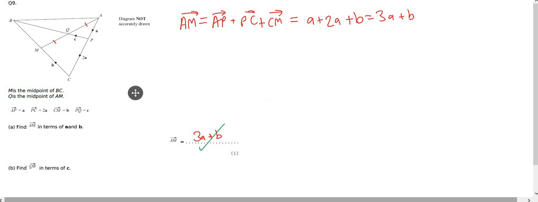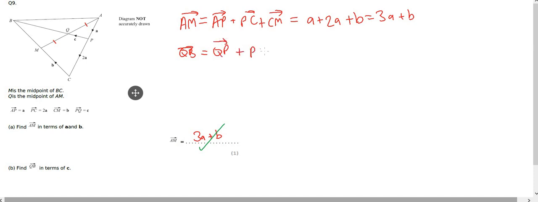Easy. Right, now we've got to find QB in terms of c. Well, let's find QB. So to get from Q to B, I can go QP because I'm given that vector.